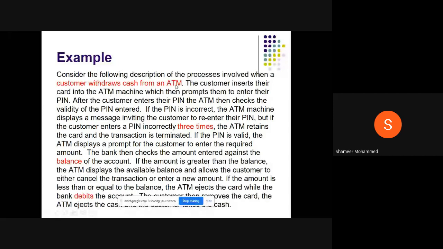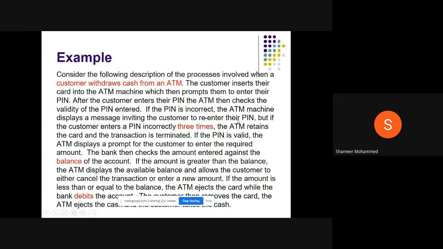The customer inserts the card into the ATM machine. When it is asking to enter the PIN, you will enter the PIN. Then the ATM will check whether the PIN is valid or not. If the PIN is correct, close the transaction. If the PIN is not correct, you will be given 3 chances, 3 attempts.